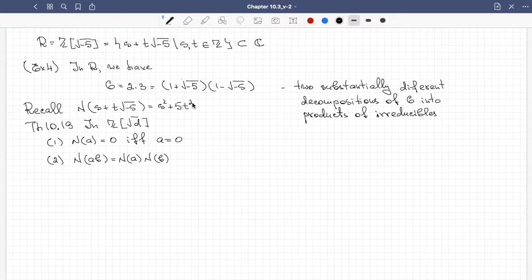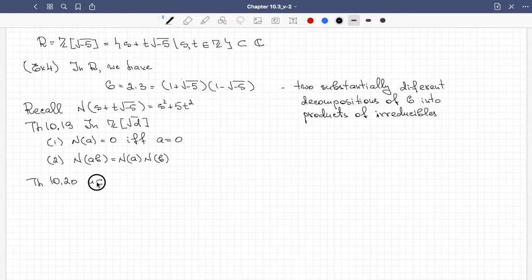I also recall theorem 1020, which will help us to distinguish units and therefore irreducibles and therefore associates.